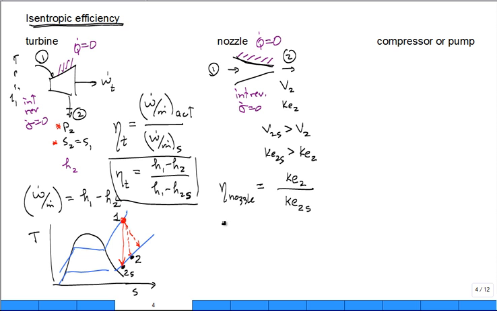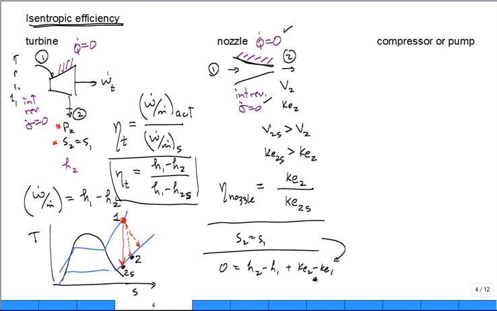Let's go back to our first law. First law is very simple for this problem. If Q dot's equal to 0, sigma dot's equal to 0, just S2 is equal to S1. How about the second law? The second law, there's no shaft work, no heat. I'm running out of room. I don't know how to be as efficient, but let me write it this way. H2 minus H1 plus KE2 minus KE1.